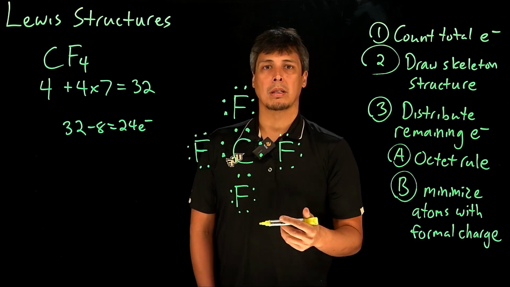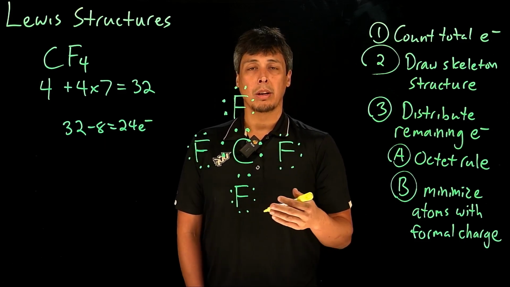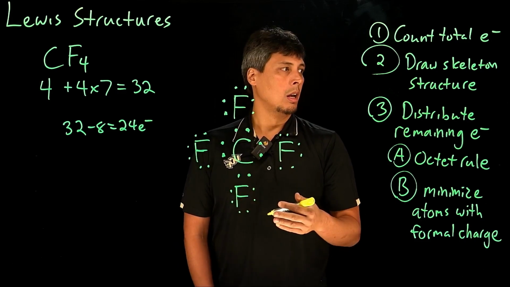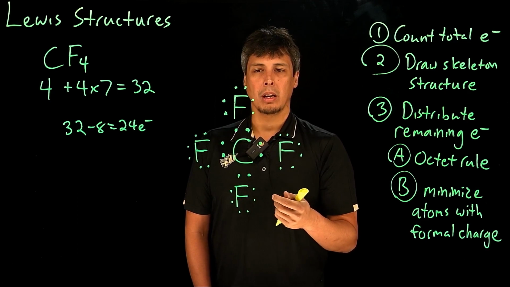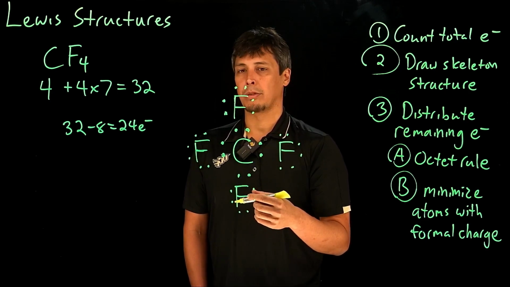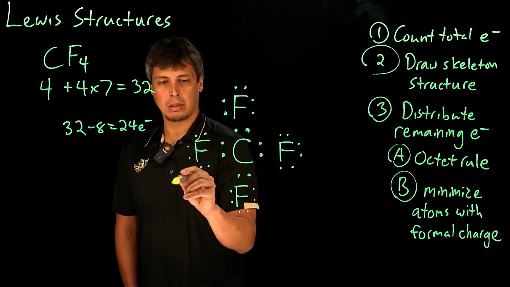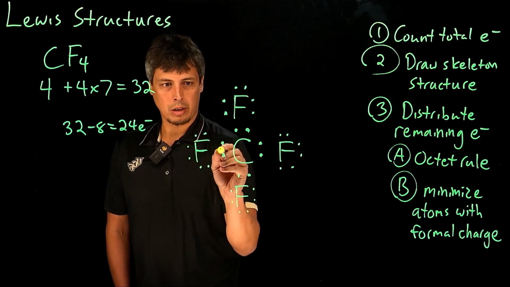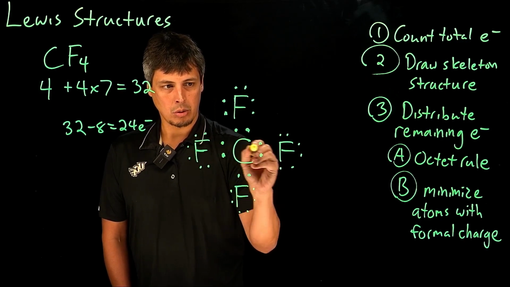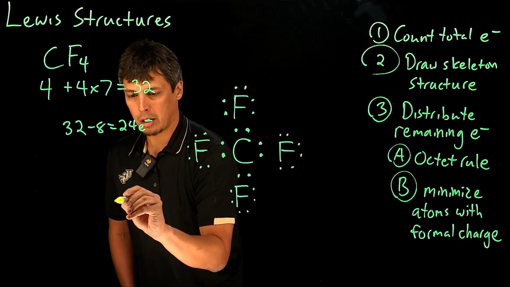So this suggests that we have a valid Lewis structure for tetrafluoromethane. Okay, and so we can redraw this where, instead of drawing 2 electrons in between each carbon-fluorine pair, we can draw a line like this.